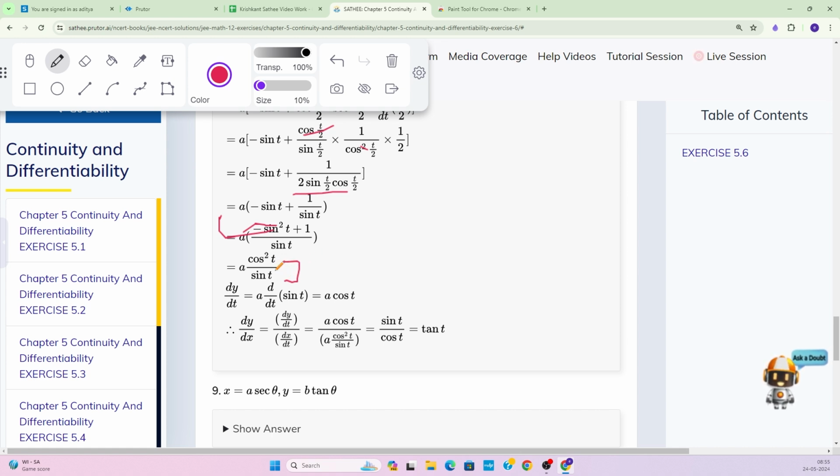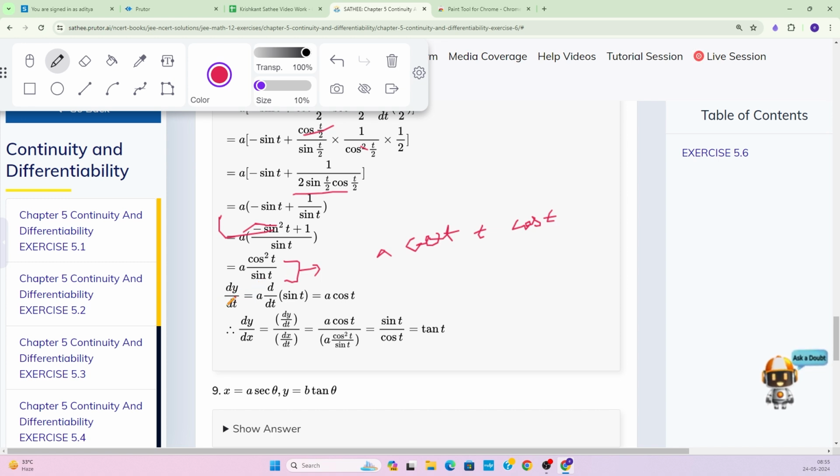We are only stopping at this stage. We are not going to simplify it further. If you want to simplify it, you can reduce it to the form a cot t cos t.